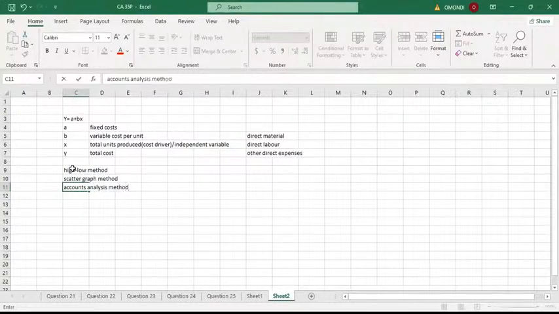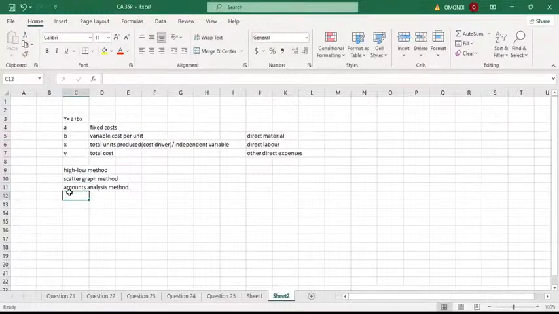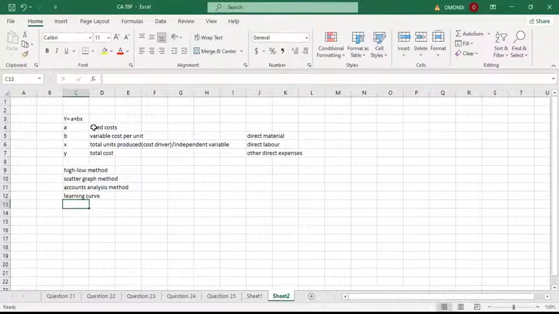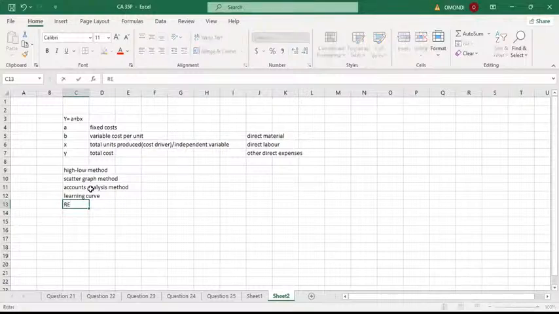Remember, all these methods, you are supposed to use them to get y is equal to a plus bx. We also have learning curve, which I think is now covered in the advanced level. We also add regression method.